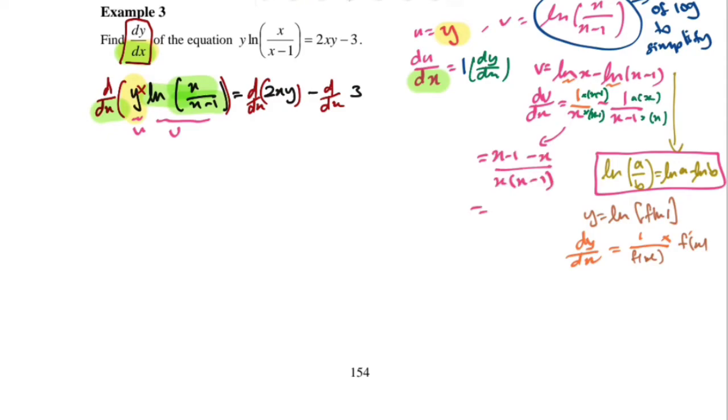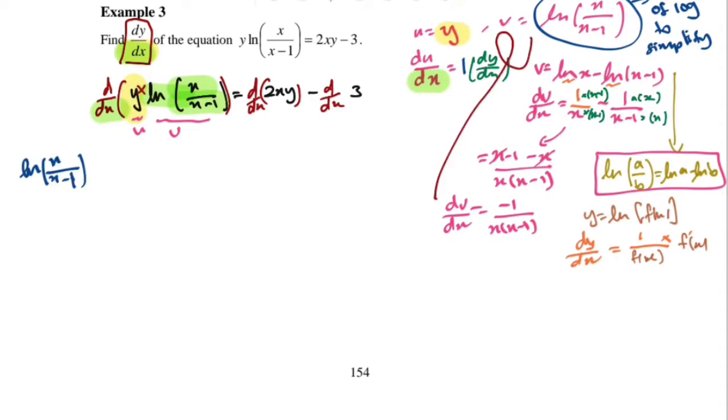And then simplify, and this will be your simplified form of dv over dx. And then don't forget your product rule. The formula is u prime v plus u v prime. The v is natural log of x over x minus 1 multiplied with the u prime, which is dy over dx, plus sign in the middle.